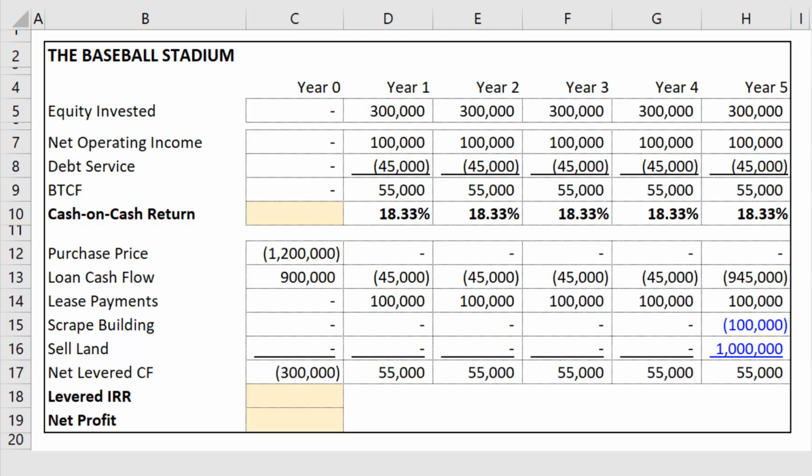And so you grab your favorite model and you begin penciling this thing out. $1.2 million in purchase price, $900,000 loan, again $300,000 of invested capital, $100,000 a year in lease payments on a triple net basis, minus your $45,000 debt service gives you $55,000 in before tax operating cash flow that the property is throwing off every year.